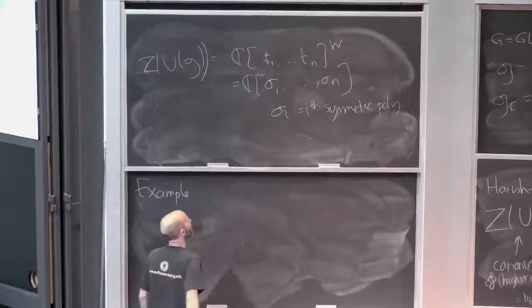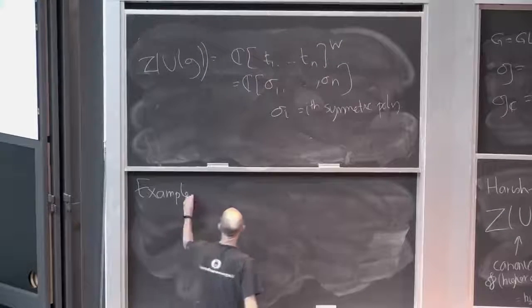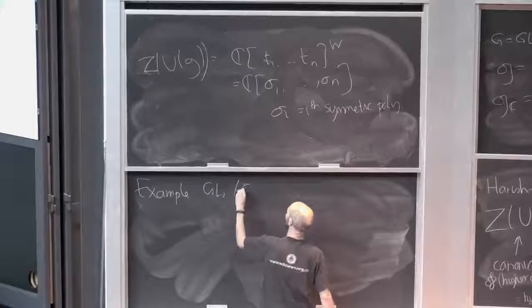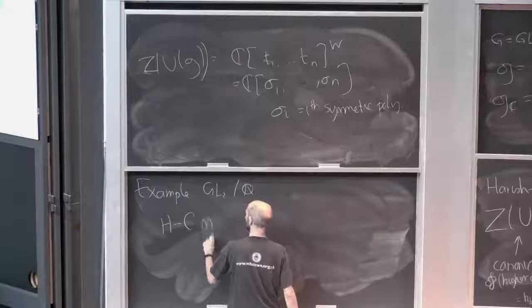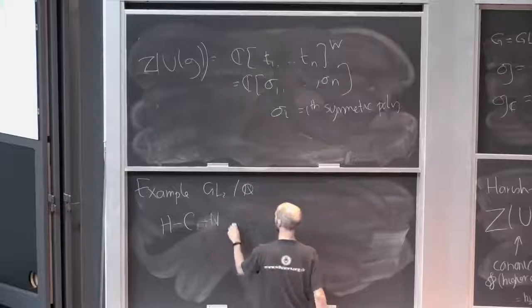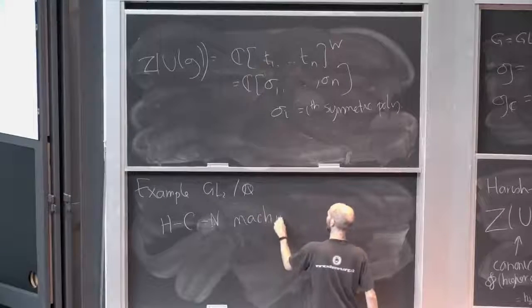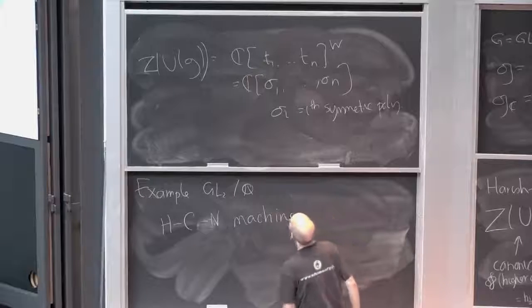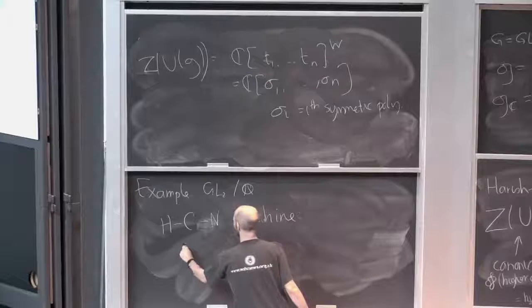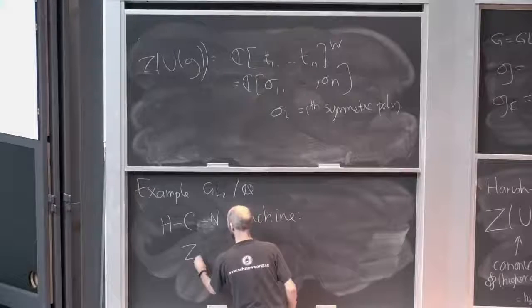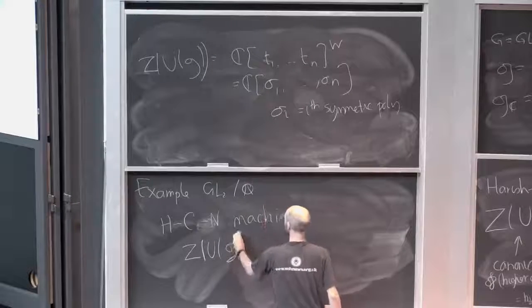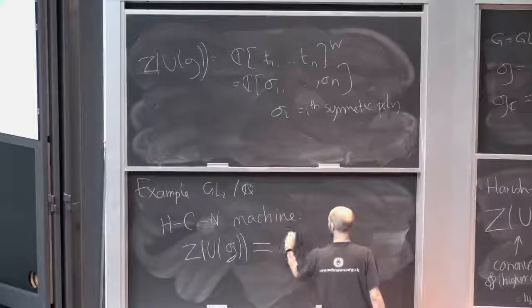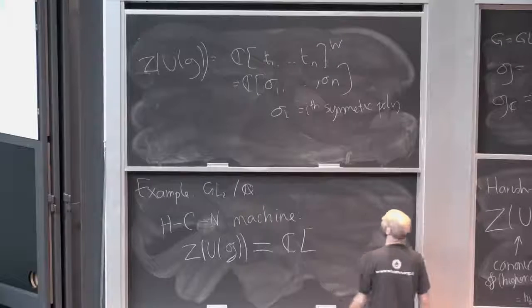So, what do we know? Example for GL2 over Q. All this machine, the Harish-Chandra machine, the Harish-Chandra Newton machine, says that the center of the universal enveloping algebra of G is going to be a polynomial ring in 2 variables, right?